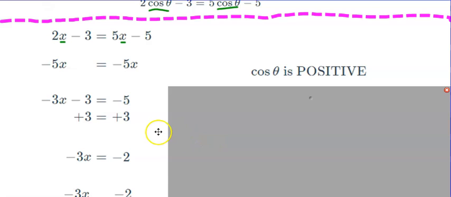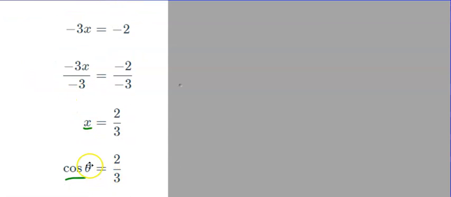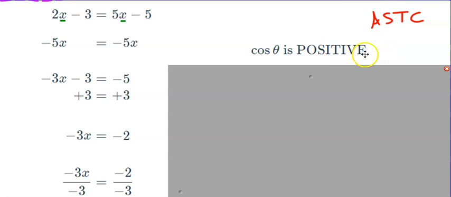Using the ASTC acronym, we need to determine which quadrant our angle is going to be in. Because we have positive 2/3, we know, using the ASTC acronym, cosine is positive in A, which is quadrant 1. But cosine is also positive in the 4th quadrant.